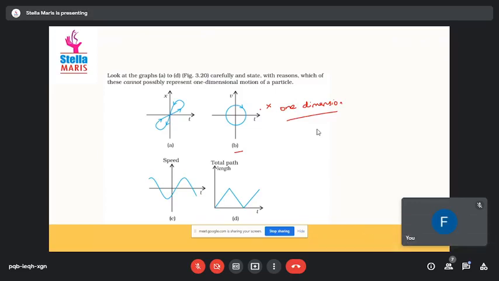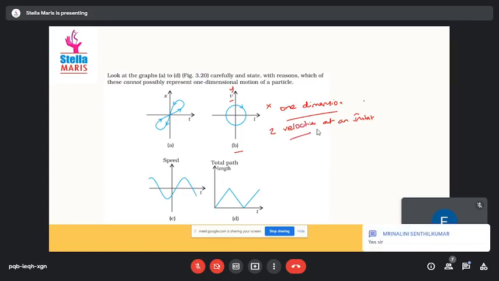Yeah, but it is not two positions. It is not a one-dimensional motion because there are two velocities at the same instant. See, this y-axis represents the velocity only. So it represents two velocities at the same instant, so it is not a one-dimensional motion.